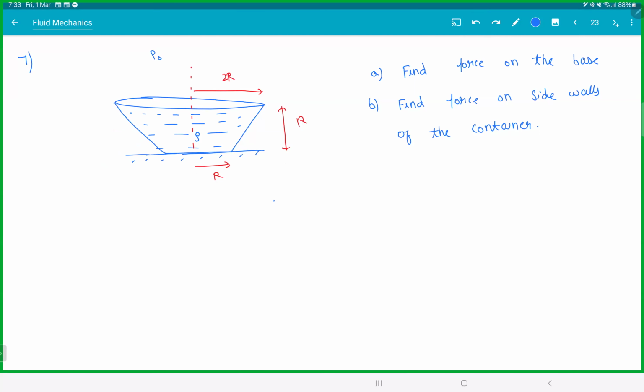This is a frustum. Full cone and you cut it off here. Force, I didn't ask you for pressure, Adrit. Even if it's pressure, it is wrong. Why did you leave P naught? Find the force on the base of the vessel and the force on the side walls of the container.